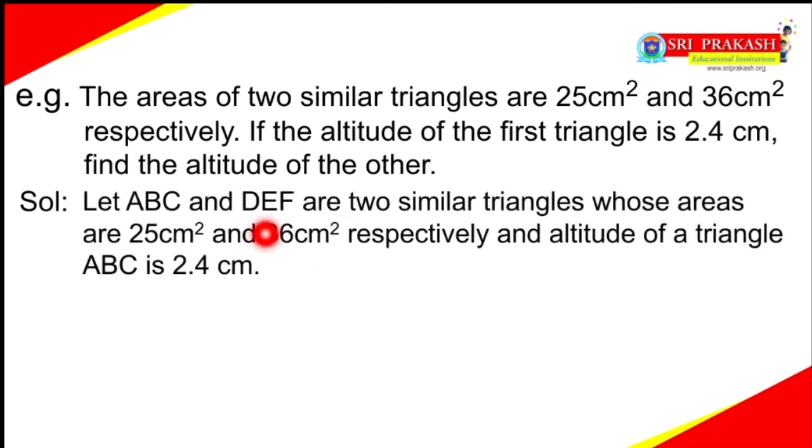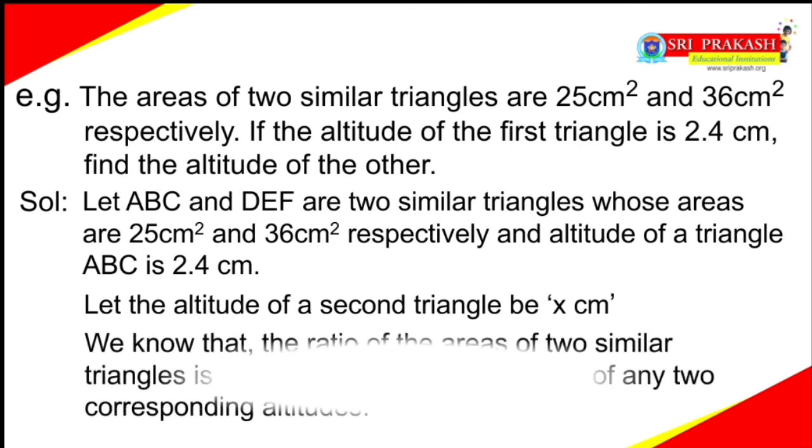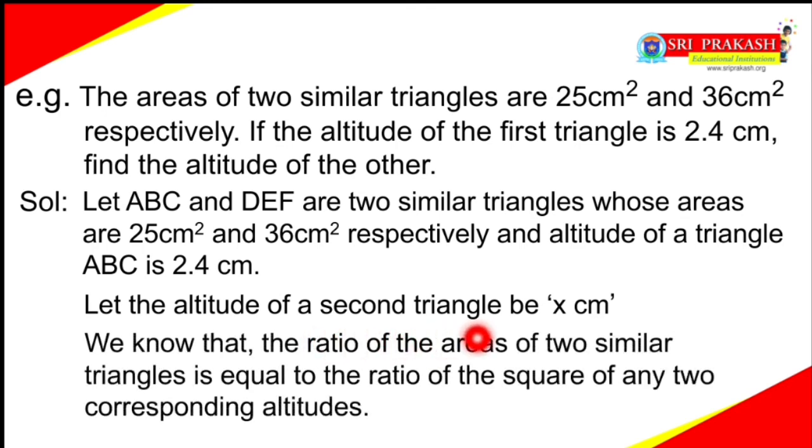Let ABC and DEF be two similar triangles whose areas are 25 centimeter square and 36 centimeter square respectively, and the altitude of triangle ABC is 2.4 centimeters. Next, let the altitude of the second triangle be x centimeters. Children, we know that the ratio of the areas of two similar triangles is equal to the ratio of the square of any two corresponding altitudes.